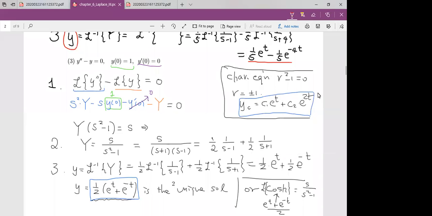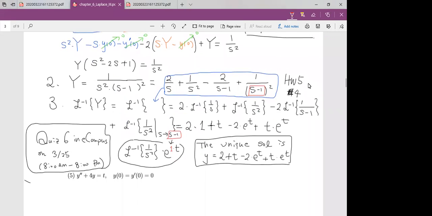So this should be negative t. Thanks, Andrew, for fixing this typo. Extra credit: if you find any typo or any mistake, let me know to get extra credit.